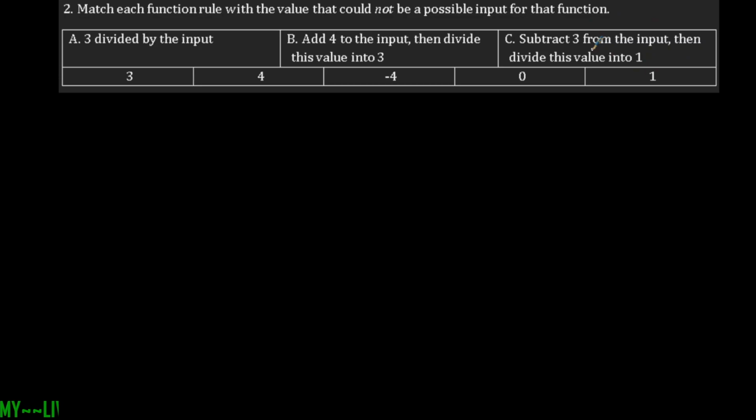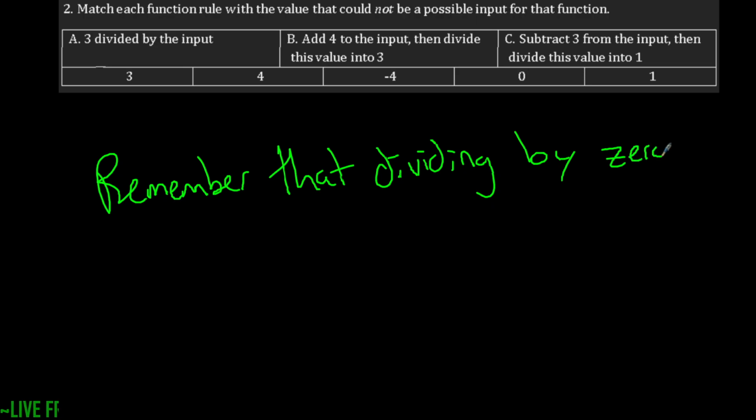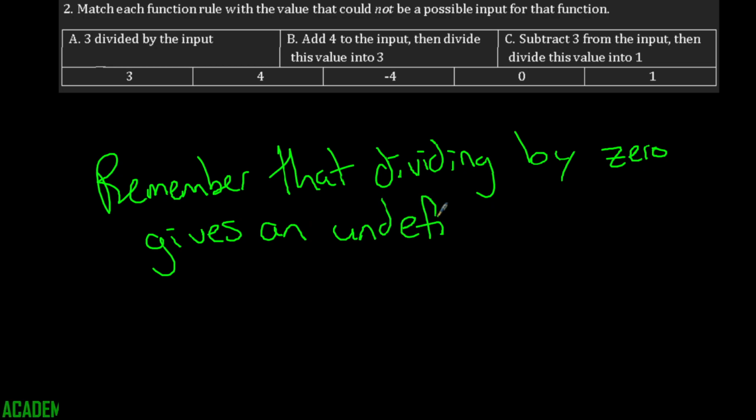Alrighty. Moving on to the second part, it says match each function rule with the value that could not be a possible input for that function. And so what I want to start with is remember that dividing by 0 gives an undefined value.